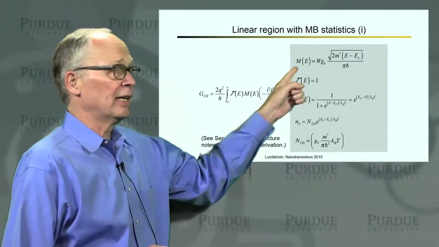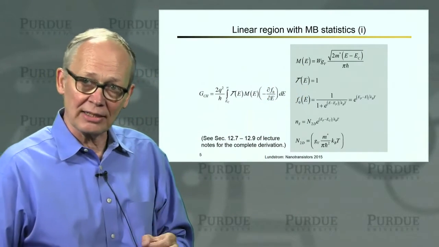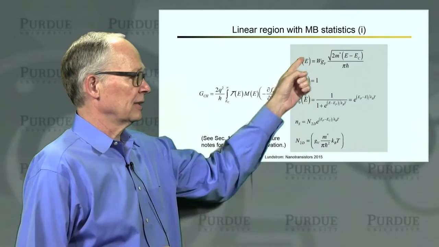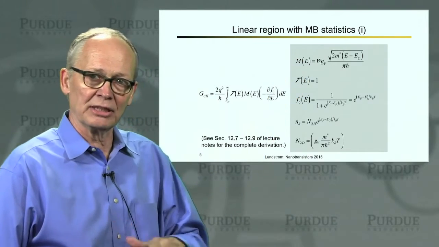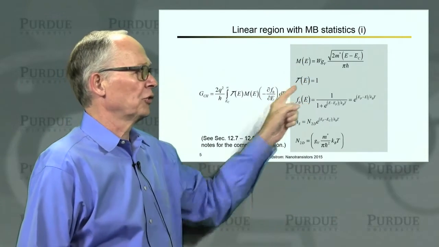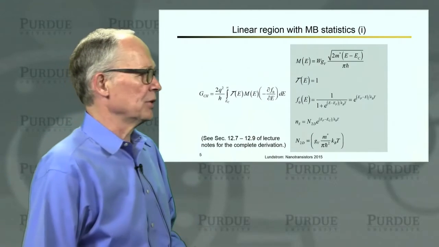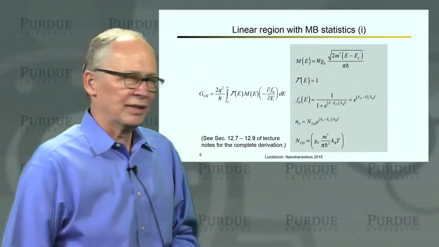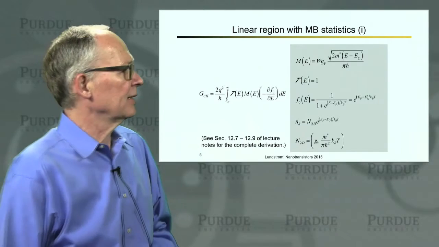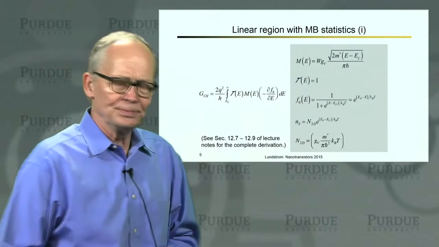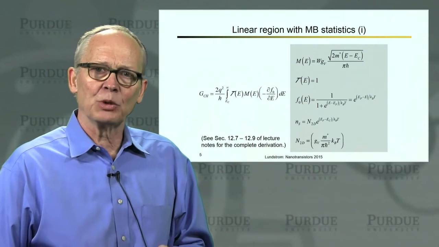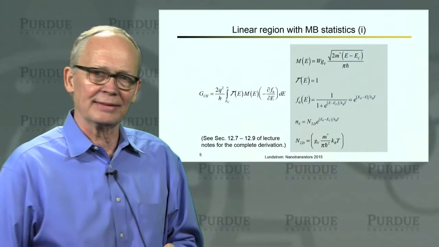So we've seen that we can derive an expression for the number of channels at any energy. So this assumes a 2D channel. Electrons move in the XY plane. We're assuming the ballistic case, so the transmission is 1. We know what the Fermi function of the contacts are, but we're going to assume that we can use Maxwell-Boltzmann statistics just to keep things simple.